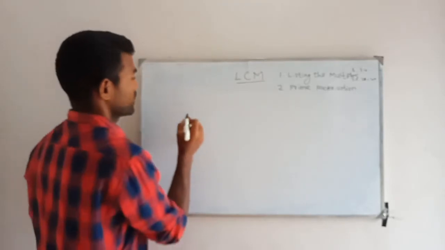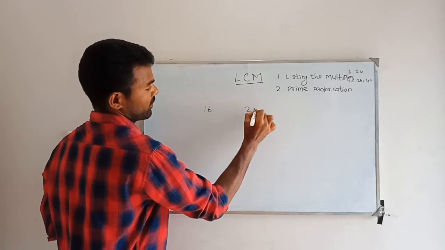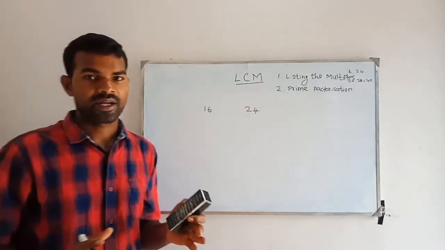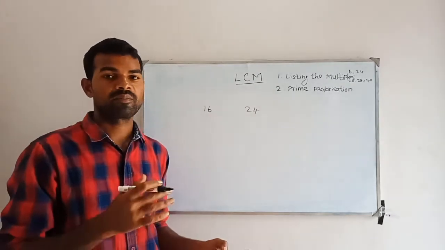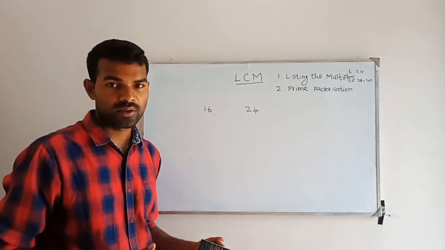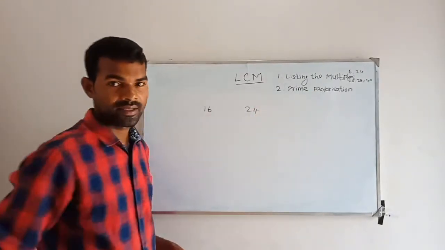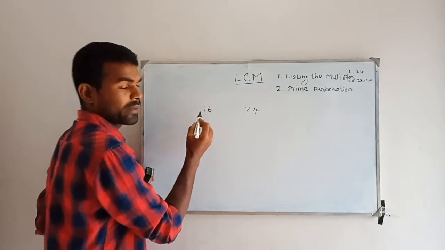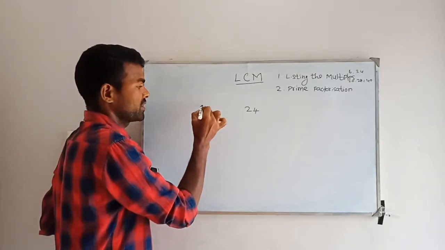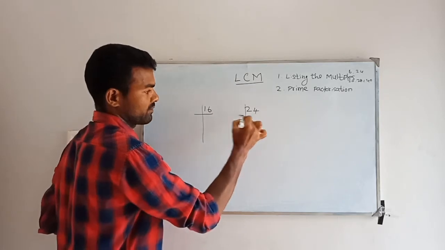Let us take two numbers here, 16 and 24. We know how to find the prime factors. Yesterday we saw prime factorization, how to find it. We saw three methods, and one method is prime factorization. So now find the prime factors of this number and of this number by the division method.